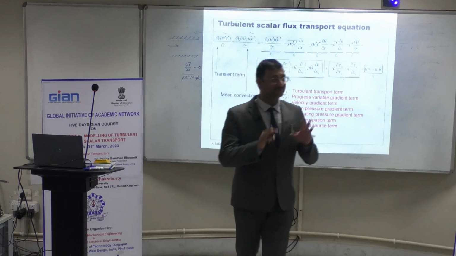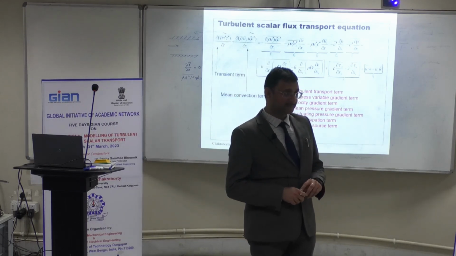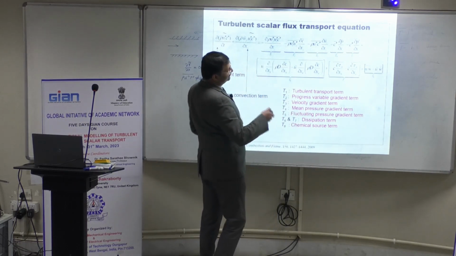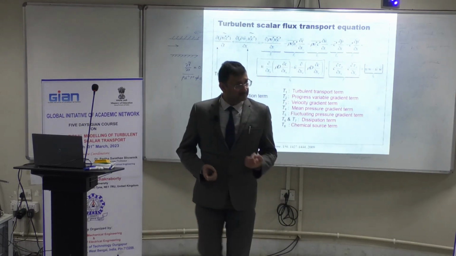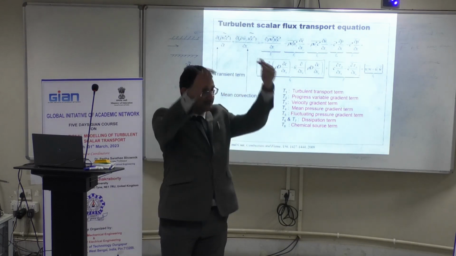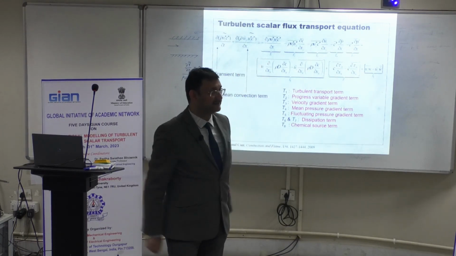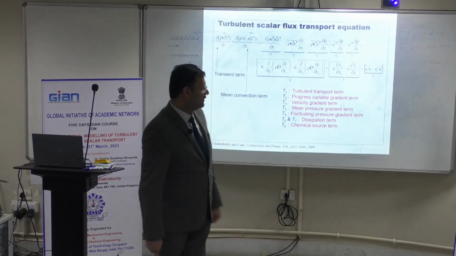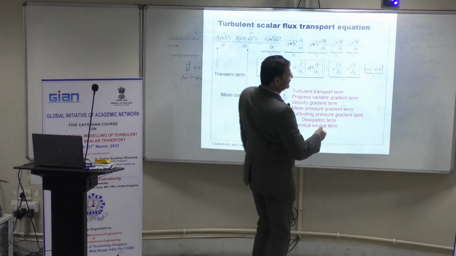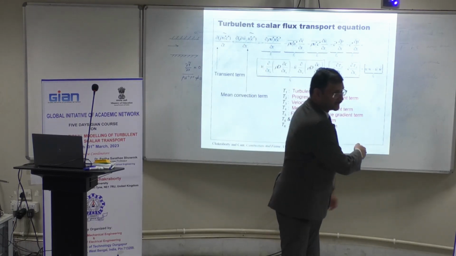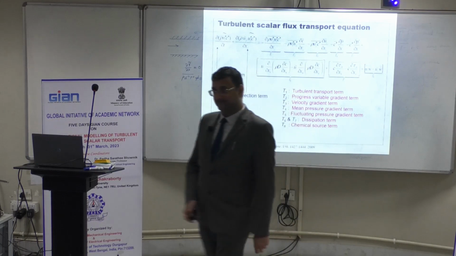They don't generate or destroy. Clear? These two are called dissipation terms because whenever scalar flux behaves in a counter gradient manner, these two terms try to bring it down towards the gradient side and vice versa. Okay? This is the contribution because of the chemical reaction. So if you are dealing with non-reactive flow, this term will go. Fine?